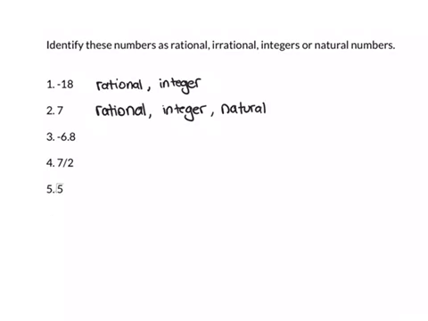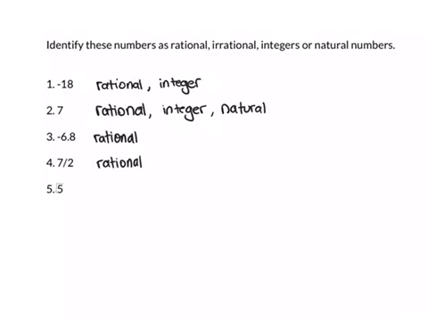The decimal terminates, meaning it stops, so it must be rational. But since it's not a whole number, that's where we stop. It's not an integer, and it can't be a natural number. 7/2. We also know that that decimal stops, so it's also a rational number. But since it is a decimal and not a whole number, we can't continue.